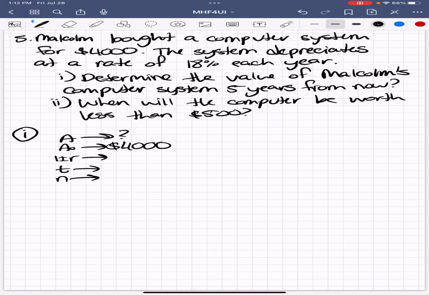$4,000, we're solving for A, for question 1, determine the value of Malcolm's computer system 5 years from now. So we're determining the final amount, and it's 1 minus 0.18, which equals 0.82, and it's 5 years from now, and our depreciation or decay rate time is going to be 1 year.